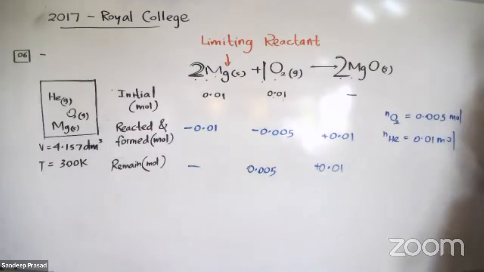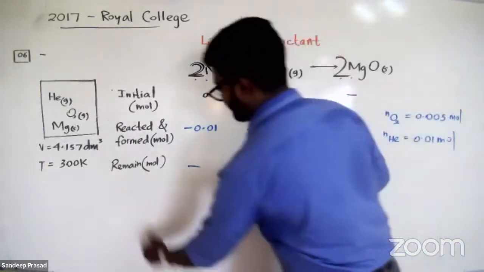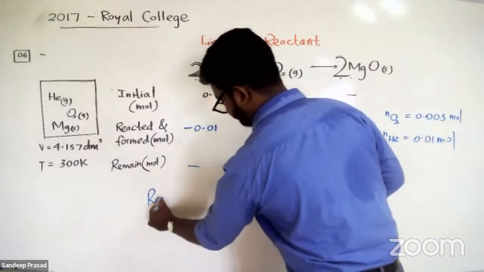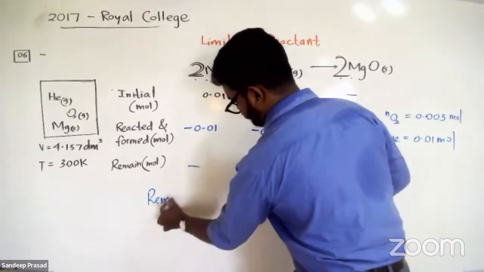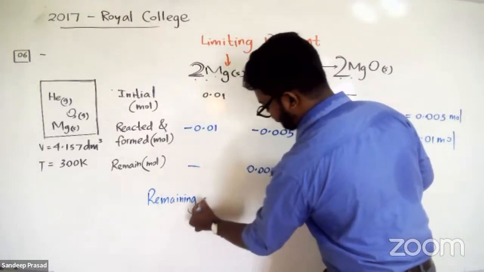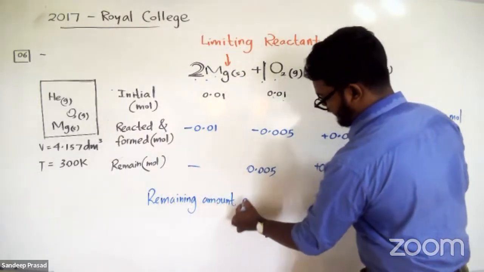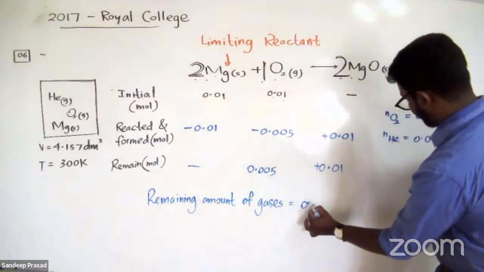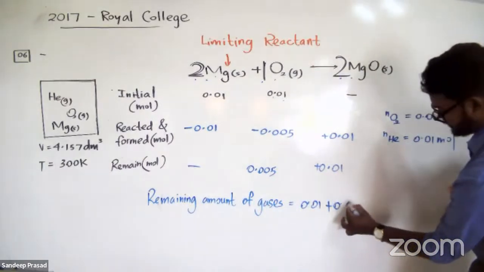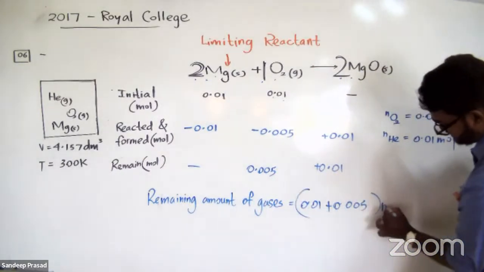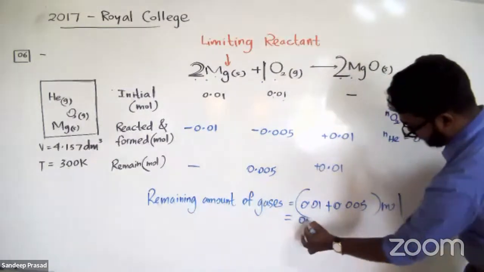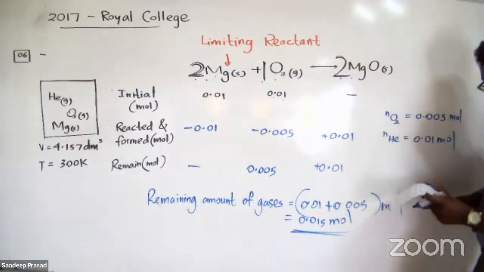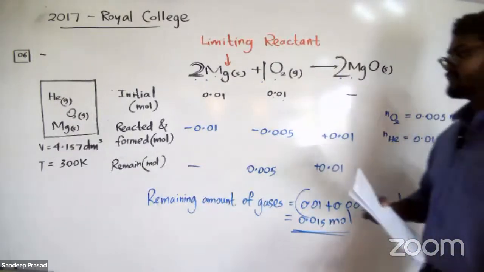And now you can say that finally, after combustion, the remaining amount of gases is equal to 0.01 plus 0.005. So the summation is equal to 0.015 moles. Question number 6, the answer is the first one.